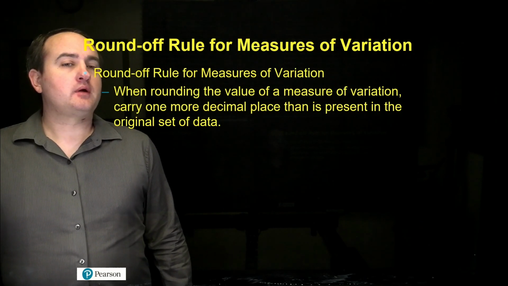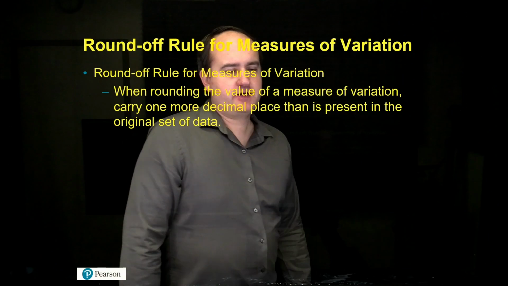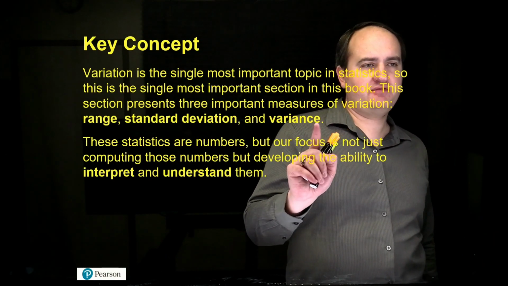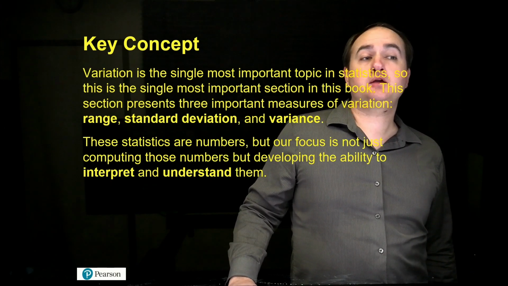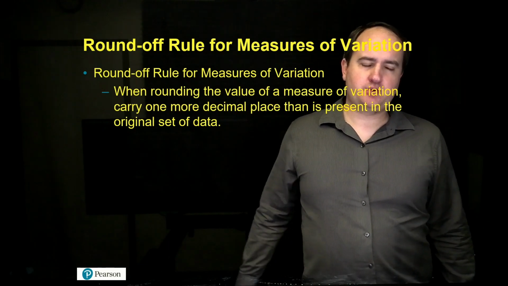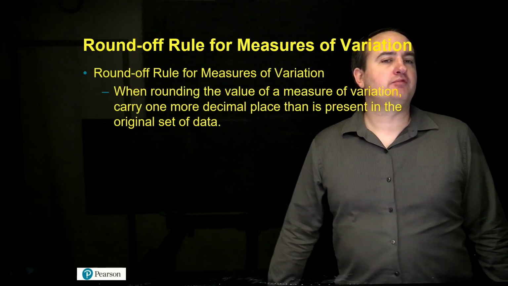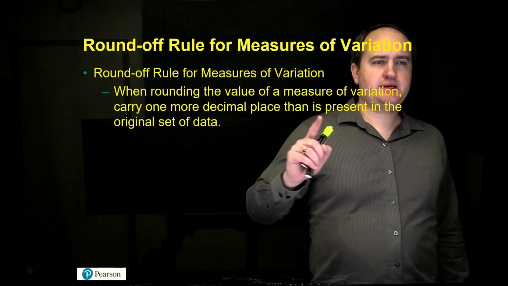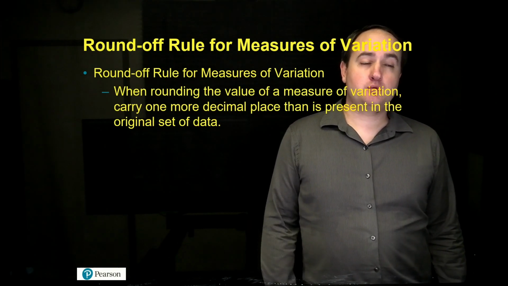So when we're using these measures of variation, the three measures of variation we're learning are range, standard deviation, and variance. When we're calculating these, the round-off rule is very similar to the other round-off rules that we've learned before. So you're supposed to carry one more decimal place than is present in the original set of data.